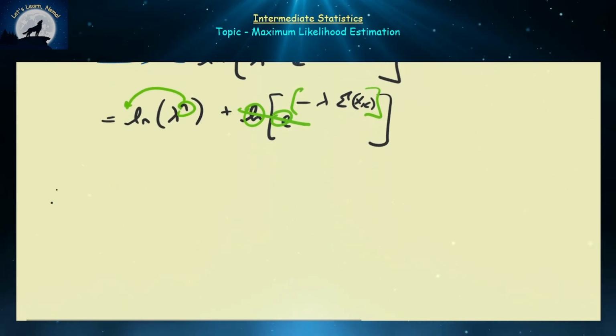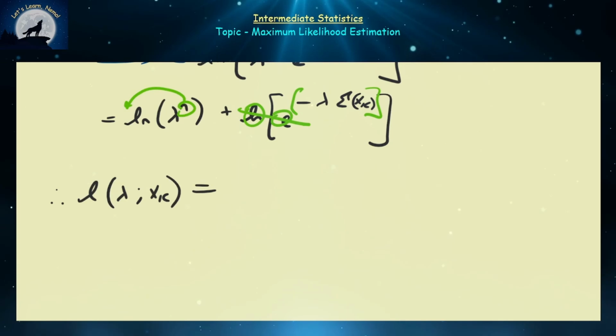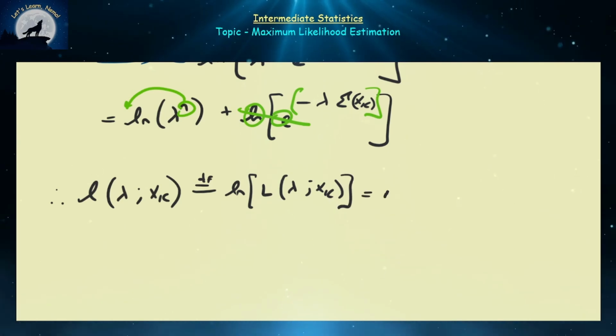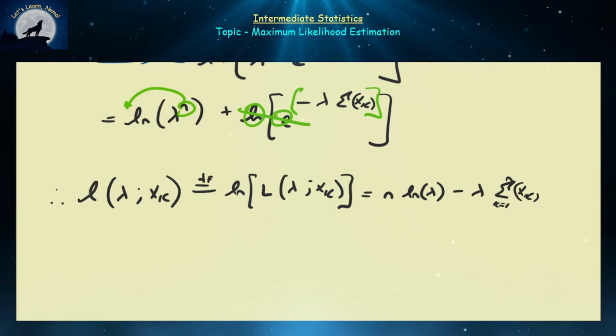So we have this new function, the natural log of L(lambda; xk), which is equal to m natural log of lambda minus lambda times the sum from k equals 1 to m of xk.